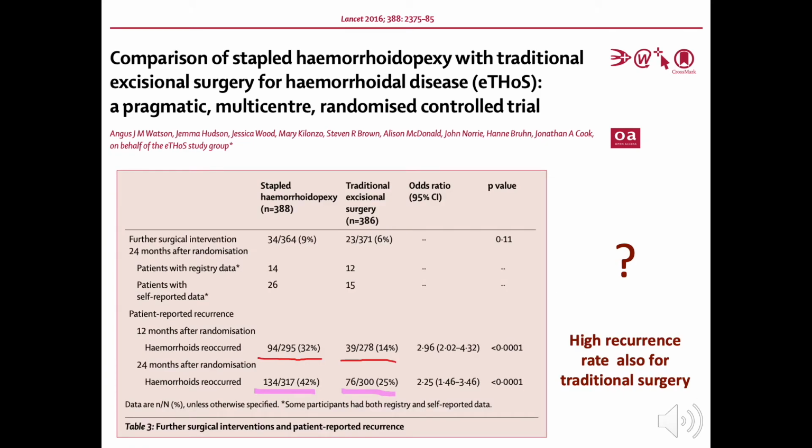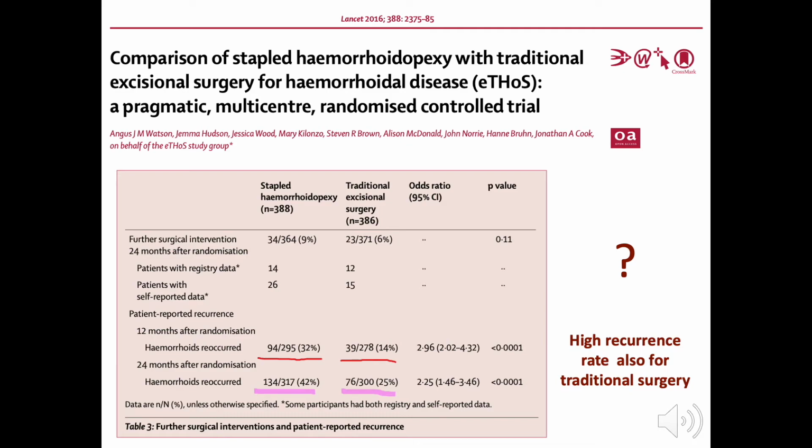And if you look at the results in terms of recurrence, at 12 months after randomization, hemorrhoids recurred in 32% after 1 year in the stapled group and in 14% in the traditional excisional surgery group.